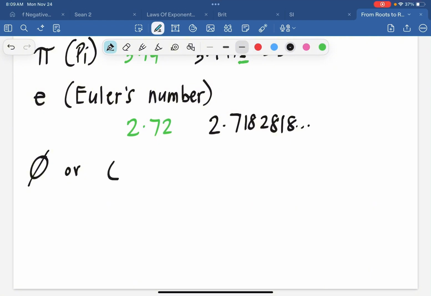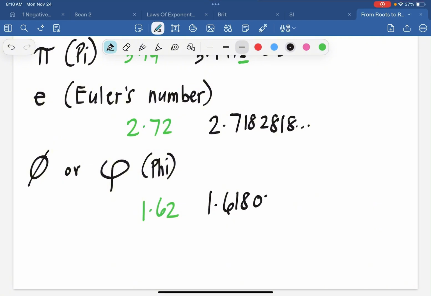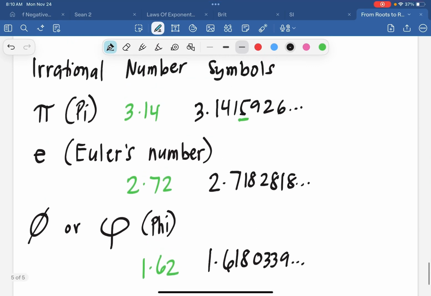I'm not sure how to perfectly draw this. Wait, let me try. Something like this. Anyway, this is spelled phi, with an h. The approximate value for this one would be 1.62. But to write some of the digits, it is 1.61803339 dot dot dot. And similar to pi and Euler's number, it goes on as well.